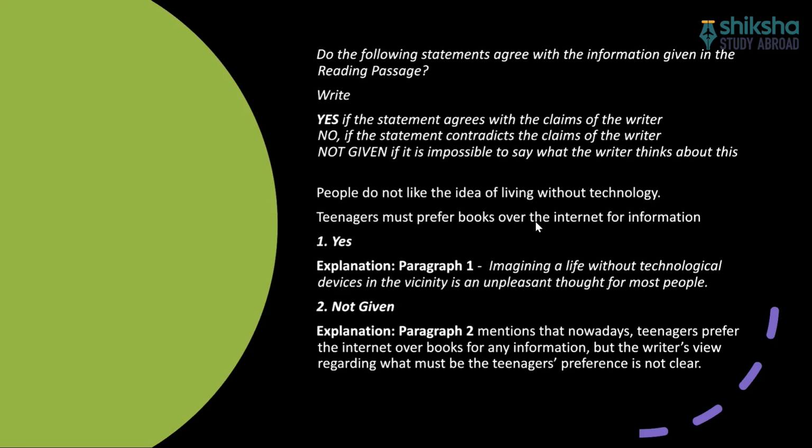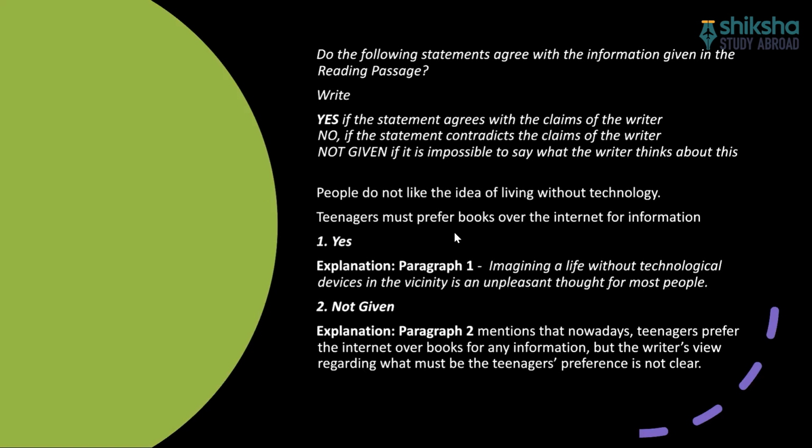All right, let's read the second question. Teenagers must prefer books over the internet for information. Now they have listed down this answer as not given. Why? Explanation, paragraph 2 mentions that nowadays teenagers prefer the internet over books for any information, but the writer's view regarding what must be the teenager's preference is not clear.